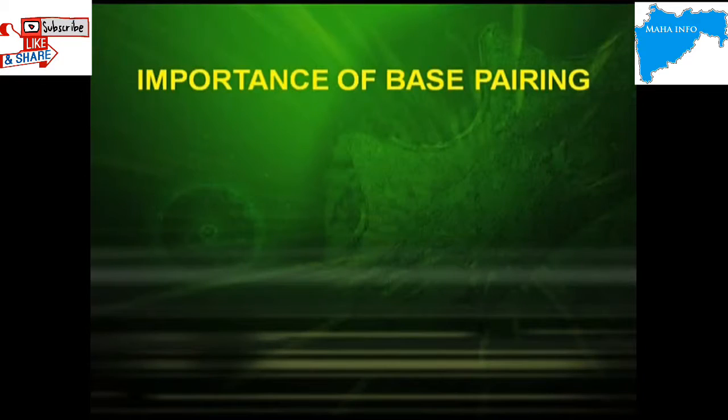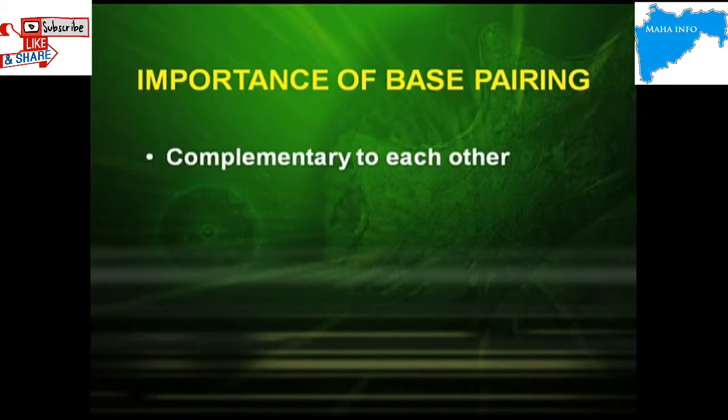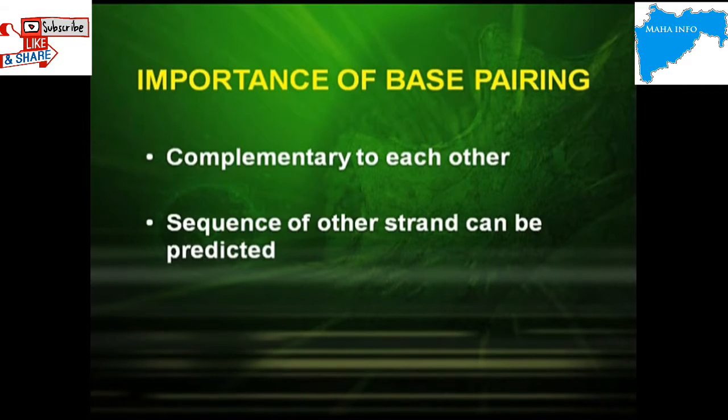Another important feature. Let us study the importance of base pairing. Number one, it provides complementarity to each other. And second, it helps the sequence of the other strand to be predicted. That means you can predict the nitrogenous bases of the other strand if you know the nitrogenous bases in the previous strand.